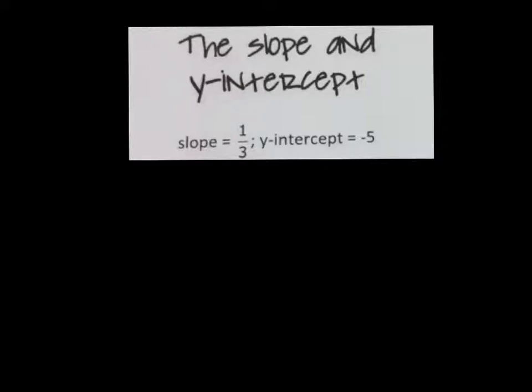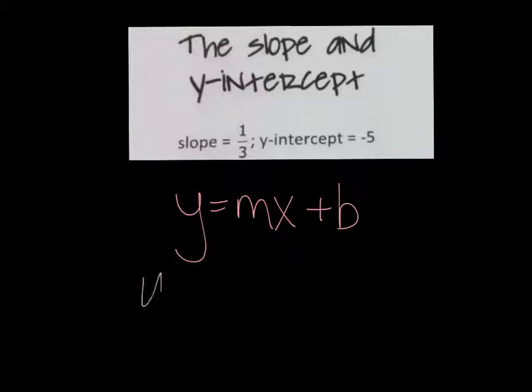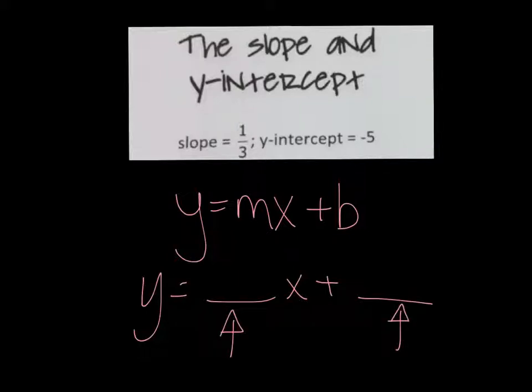The slope and y-intercept. Remember that when we're talking about linear equations, we're talking about the form y equals mx plus b. All equations that we write during this unit are going to be put into this form. It's called slope-intercept form. So when you're writing an equation, you're kind of just filling in the template like this, where your slope goes here and your y-intercept goes here.